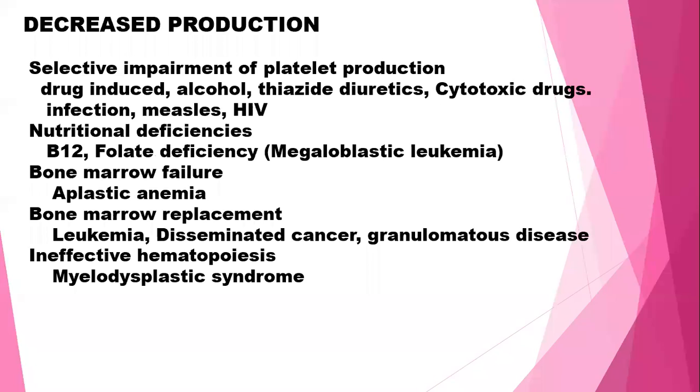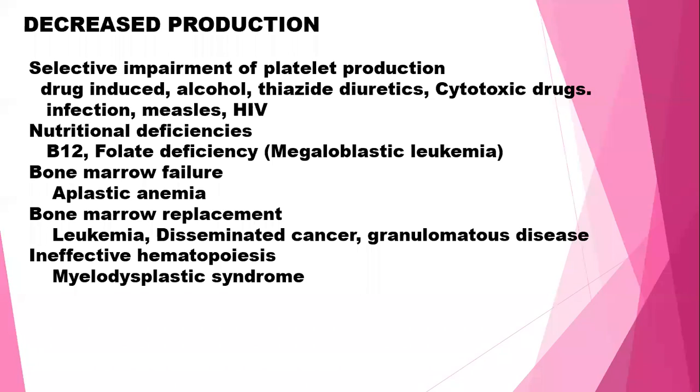Decreased production. There is selective impairment of platelet production by drugs or alcohol, or prolonged use of thiazide diuretics, cytotoxic drugs, or infections like measles, HIV. Nutritional deficiencies may cause decreased production, like vitamin B12 deficiency and folate deficiency in megaloblastic anemia.